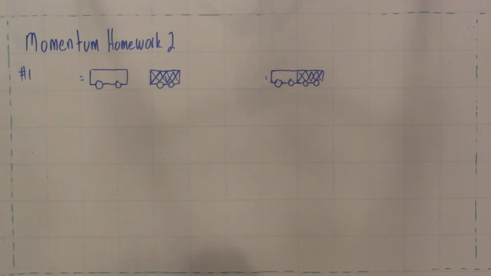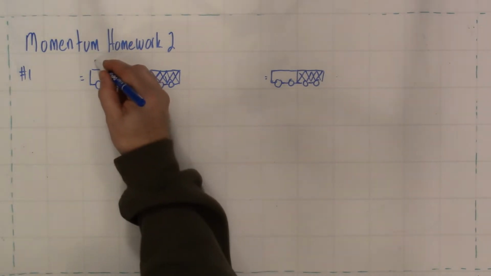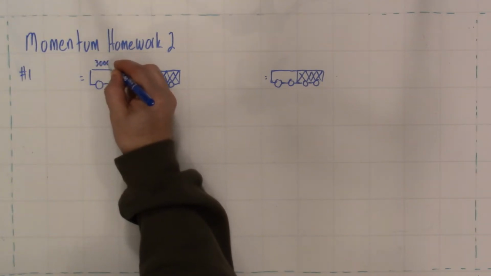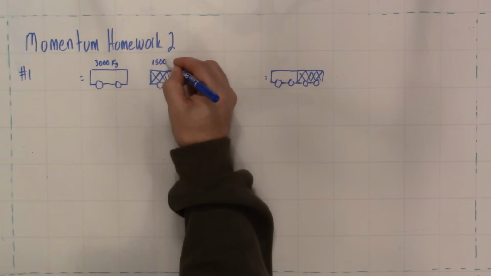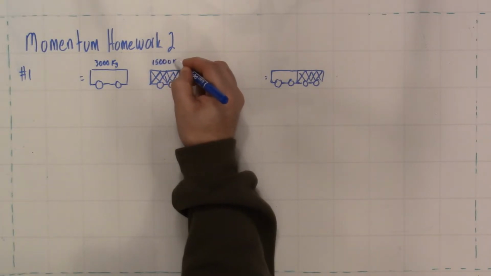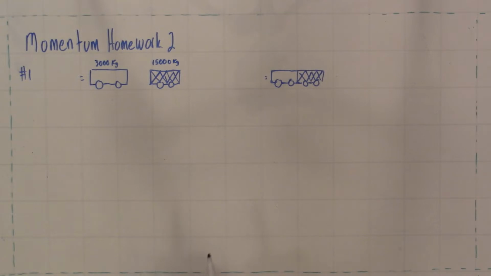It says that this one is 3,000 kilograms. This one is 15,000 kilograms. It says it's full of 12,000 kilograms of soda.